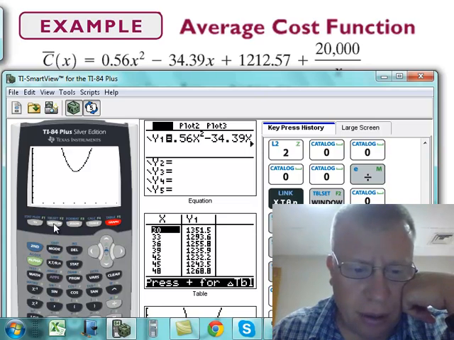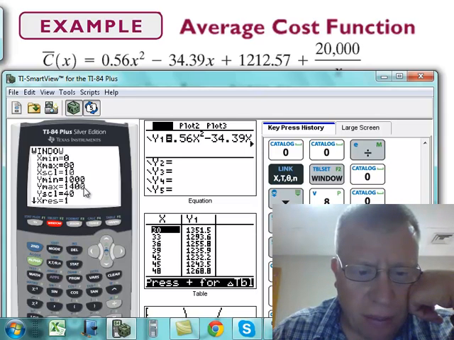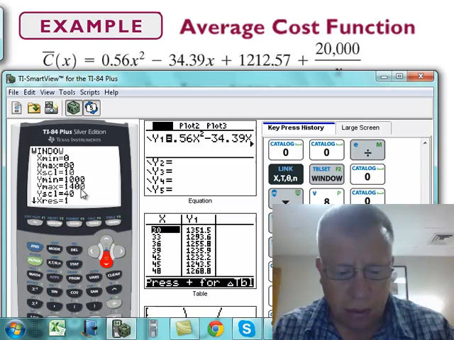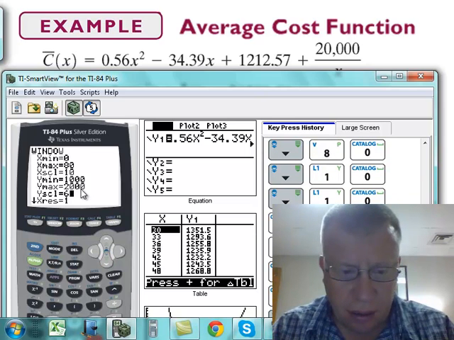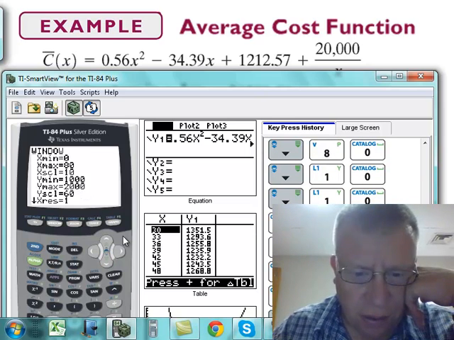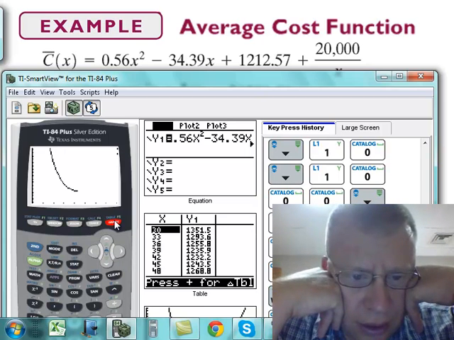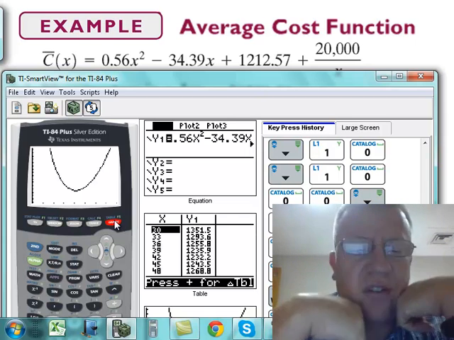Maybe we need to go back to the viewing window and set the Y max to maybe 2,000. Maybe set the Y scale to 60 or something. So anyway, there's a pretty good view of this average cost function.